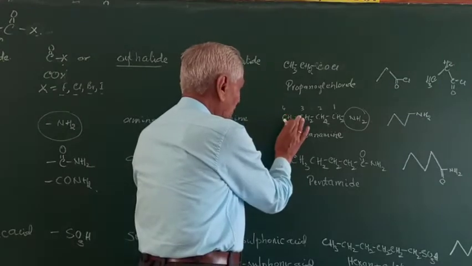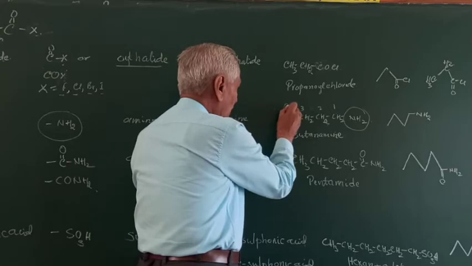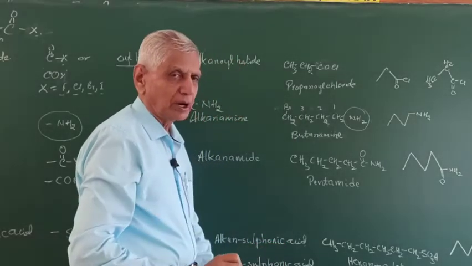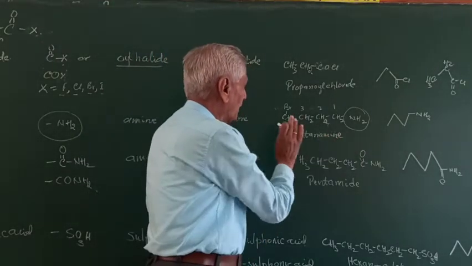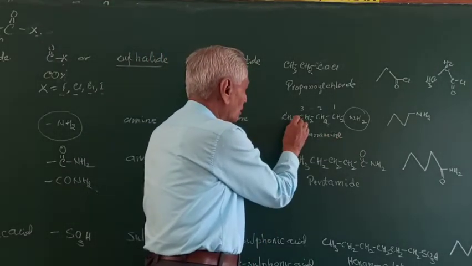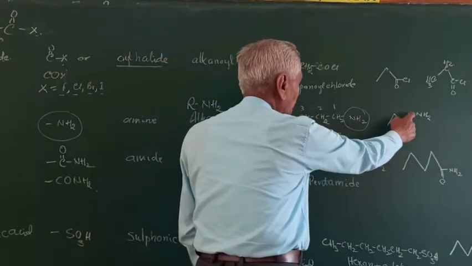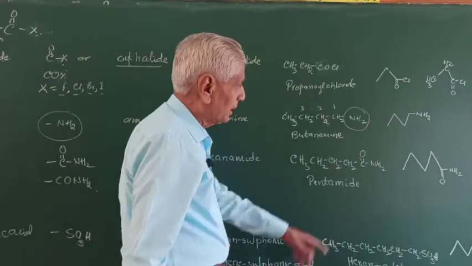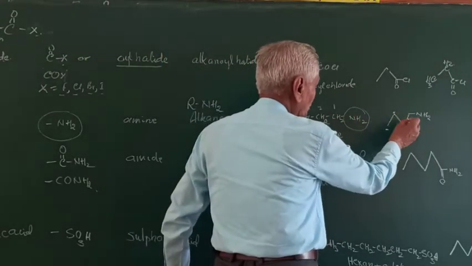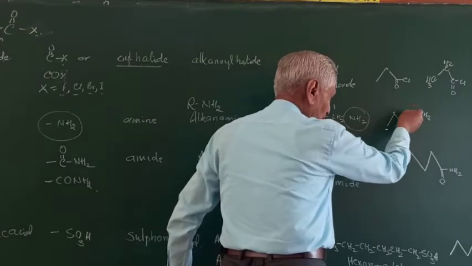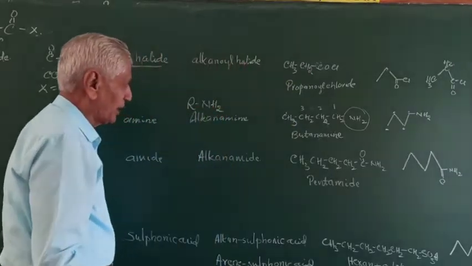Suppose on this carbon one H is replaced by Br. What will be the name of the compound? It is 4-bromobutanamine. That is how you should go on naming the compound. So this butanamine has carbon 4 attached to Br: CH2, CH2, CH2, CH2, NH2. So that is called amine.